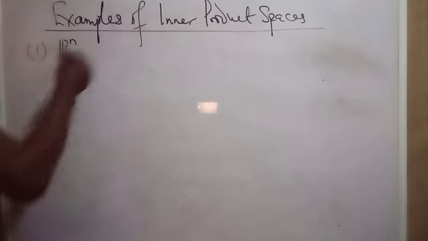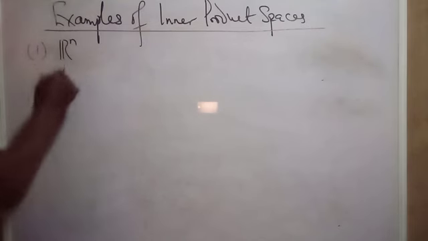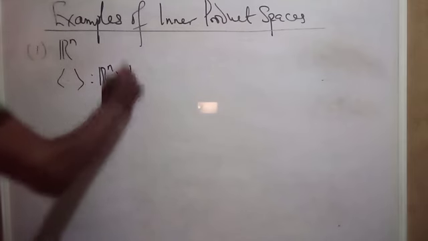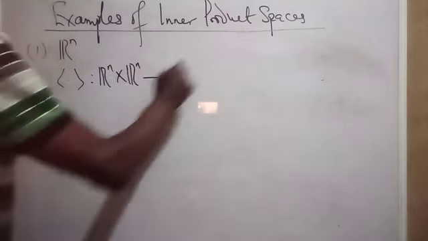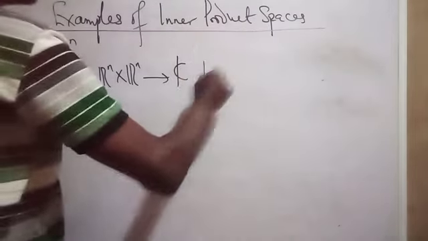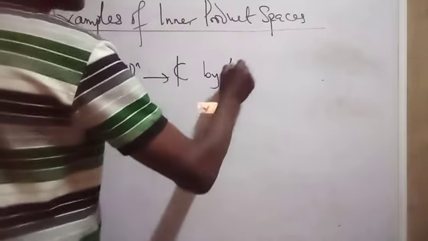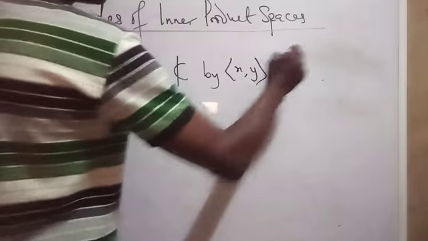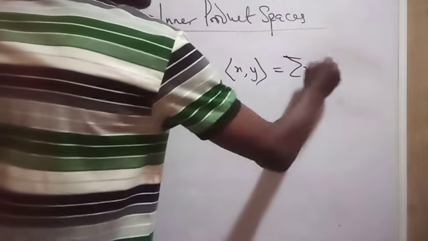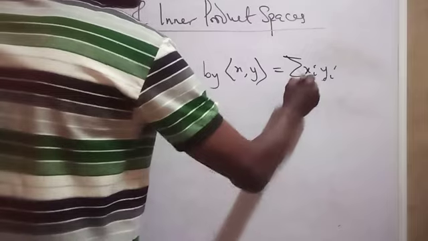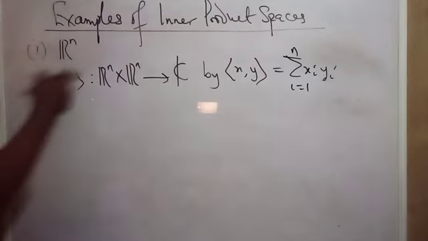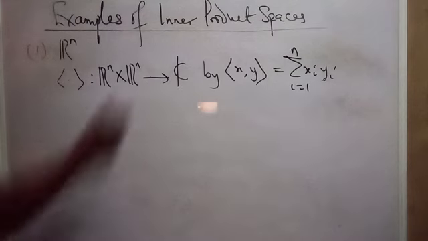That is, if we have a map such that Rn cross Rn goes to a set of complex numbers, defined by, suppose we define it by the inner product of x and y equal to the summation of xi yi, where i moves from 1 to n, because the dimension of this space is finite.